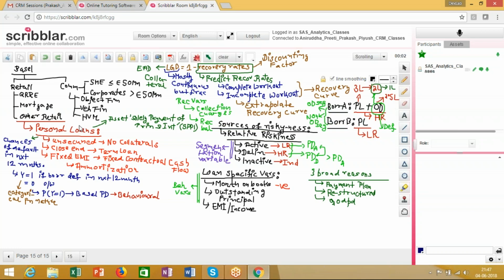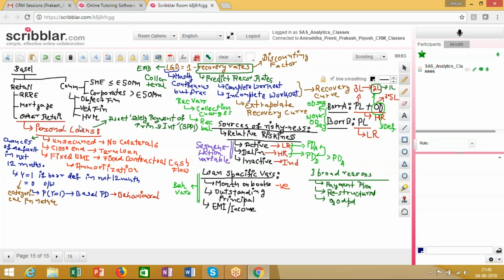Under retail portfolios, there are three broad sub-portfolios which Basel has defined according to the exposure and the nature of the business product. Basel subdivides the retail portfolio into three parts: QRRE, mortgage, and other retail.